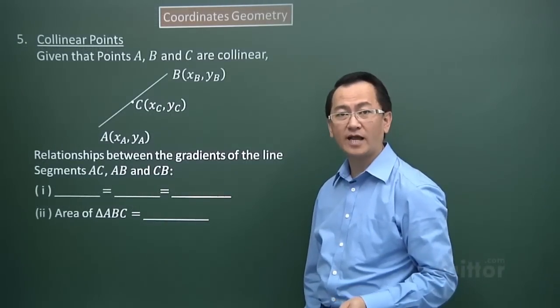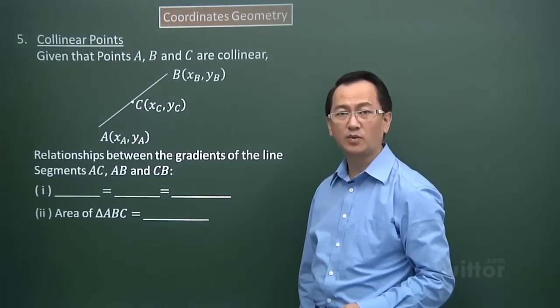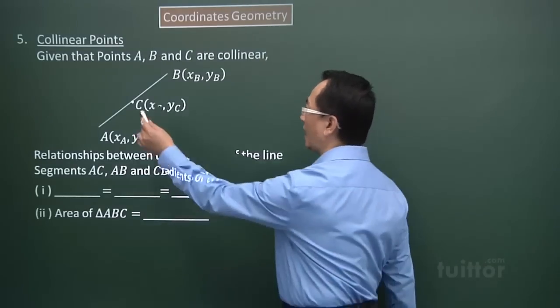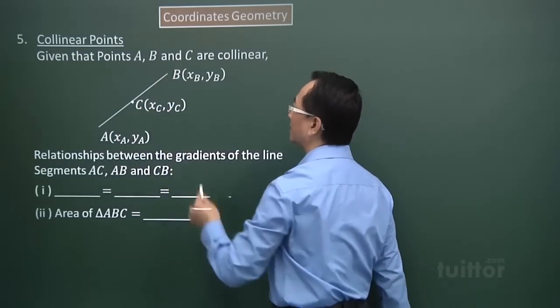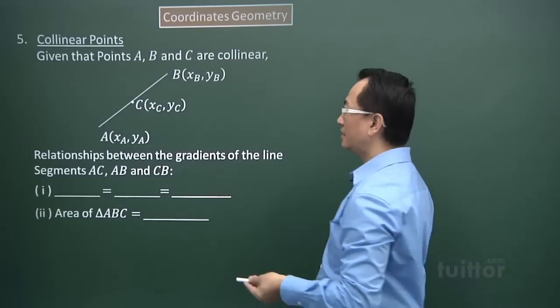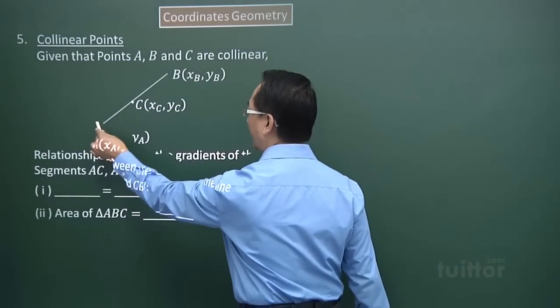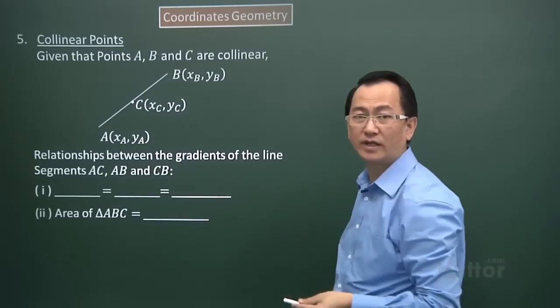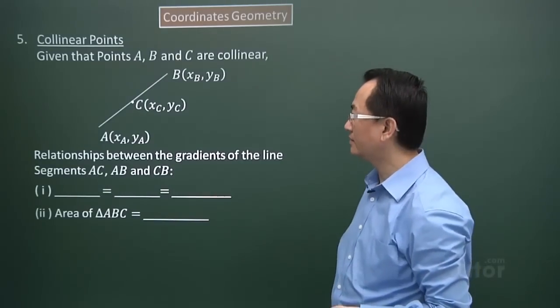Now for point 5, we'll look at collinear points. For collinear points A, B, and C, what we mean by that is this: points A, C, and B are on the same straight line.